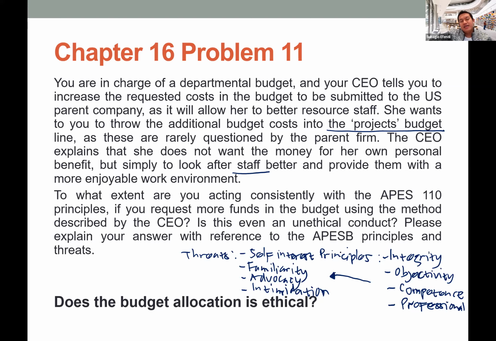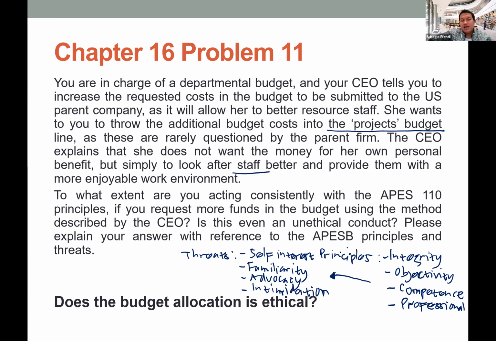Well, there's a chance that the budget officer actually does not want to follow the CEO's instruction. The budget officer wants to follow the professional standard, which is that he or she should not request additional budget unrelated to the project. It's not clearly mentioned in the question, but we could expect that the CEO might use her power to direct this budget officer to ask for more unrelated budget in the project.